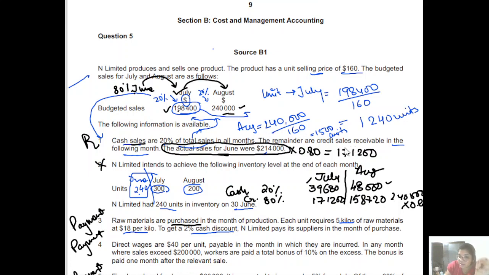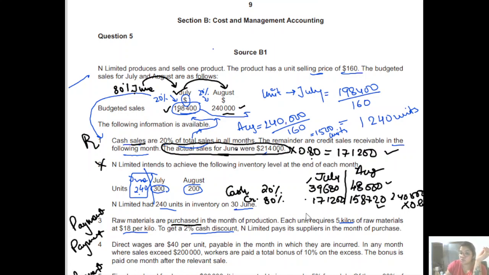Because they said the remainder of credit sales is receivable in the following month. When are you going to receive it? In the following month. And June's total sale is 214,000, that is given to you. If you calculate 80% of that, then you'll get 171,200 that you have to record here.